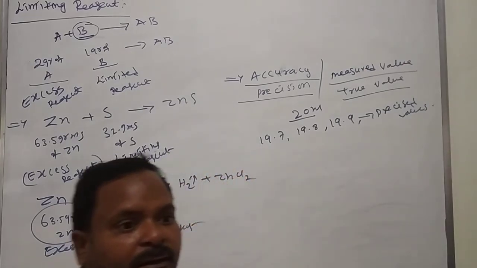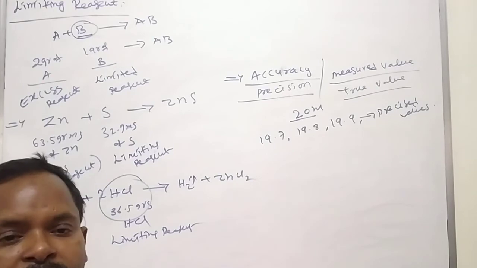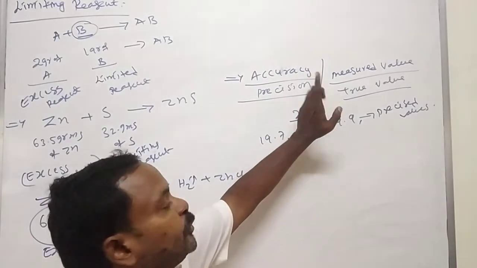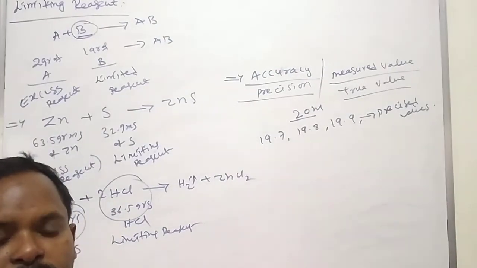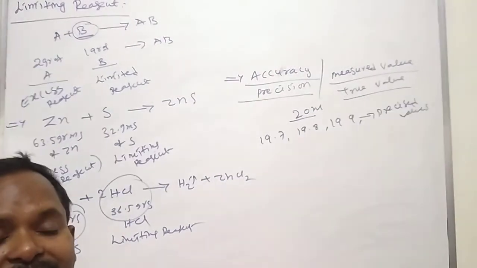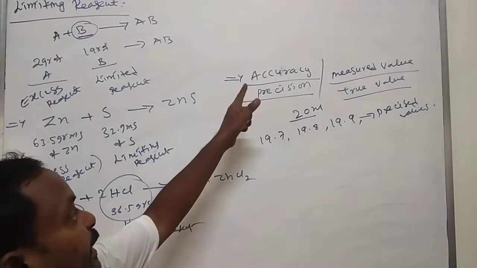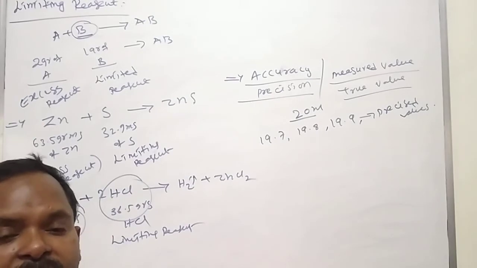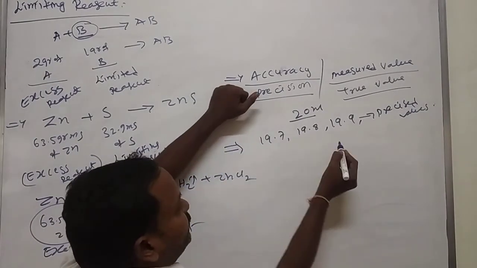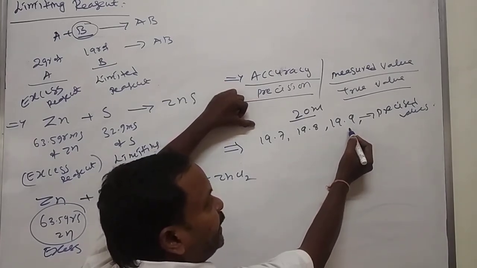What is the meaning of accuracy? 100%. The measured value should be equal to the true value, or exact value, theoretical value. That is called accuracy. Here I gave the data 19.7, 19.8, 19.9.